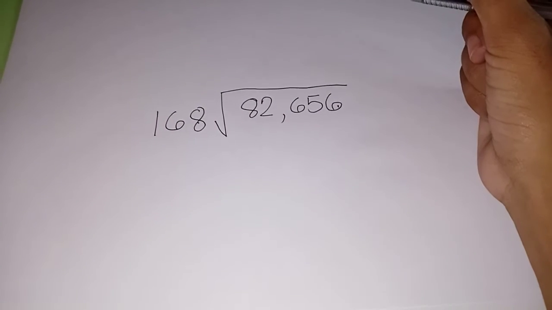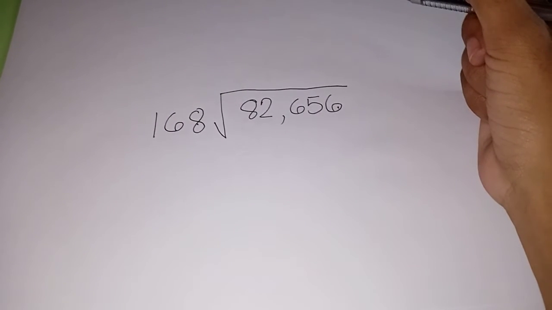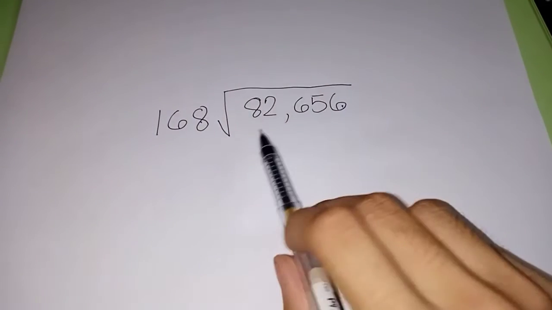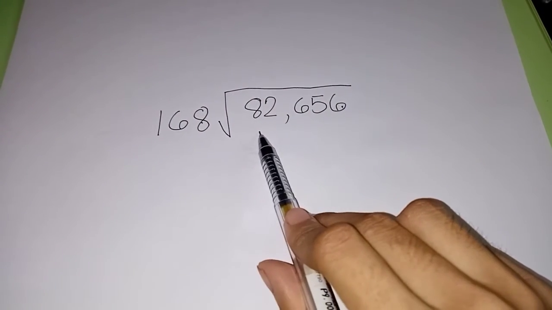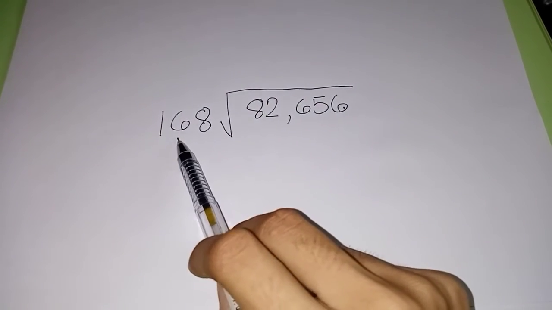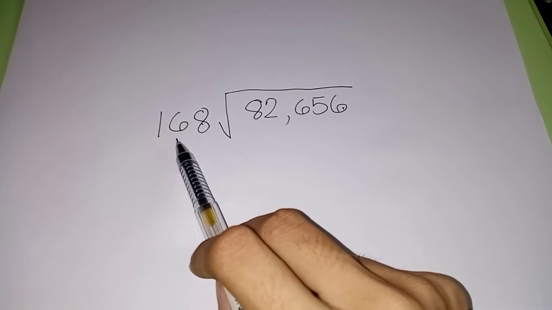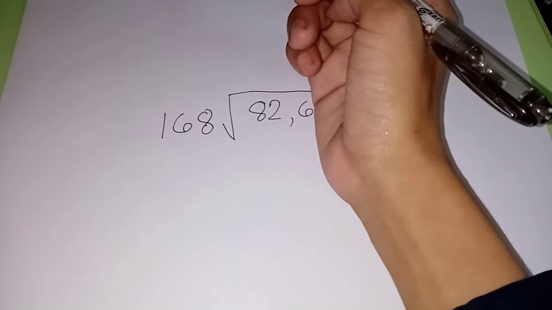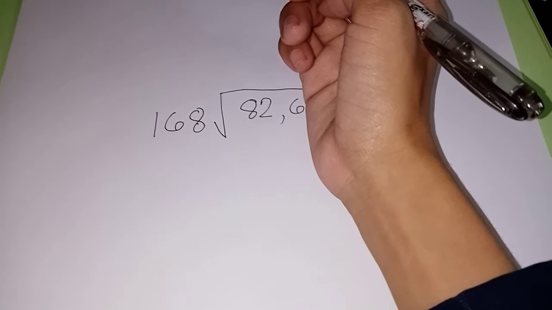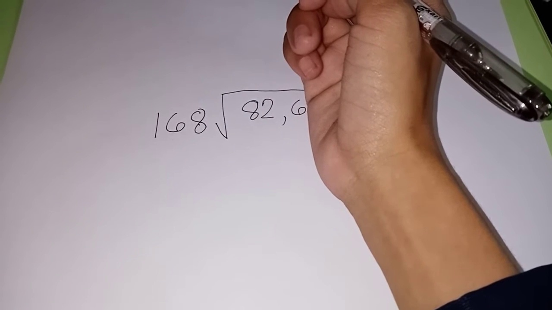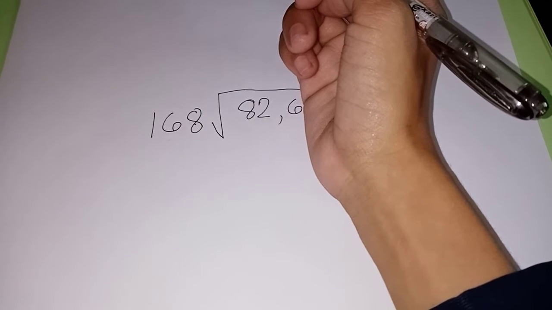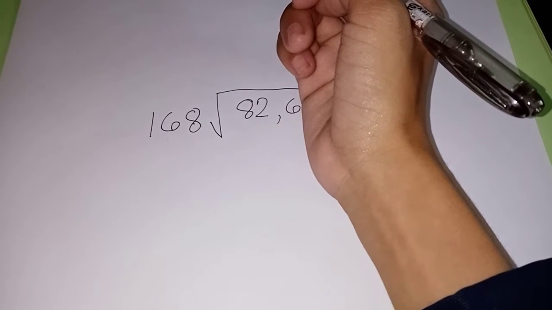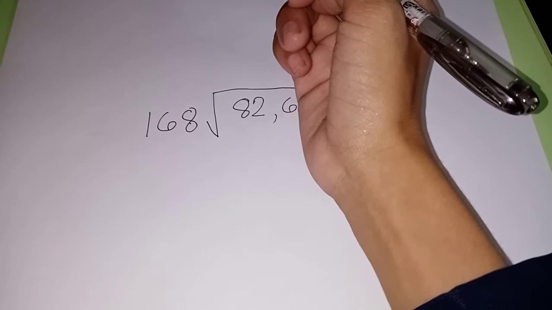Now let's start solving this one. 82,656 divided by 168. Now let's start this. We will cover this one first, and we will save that one for later. Pila ka 168 ang naa sa 826?